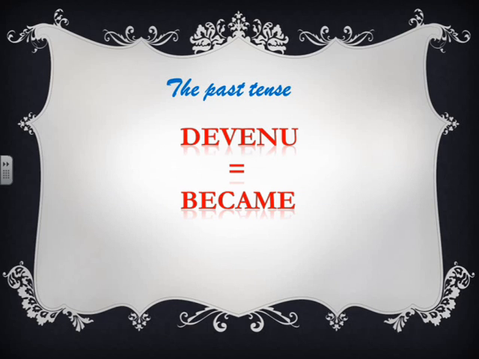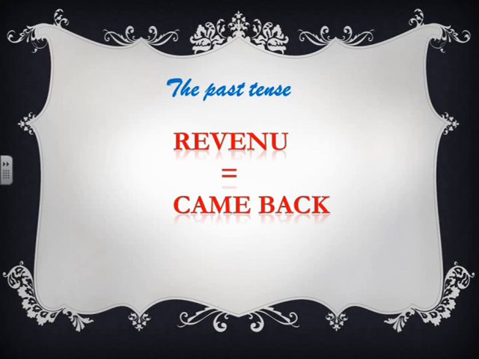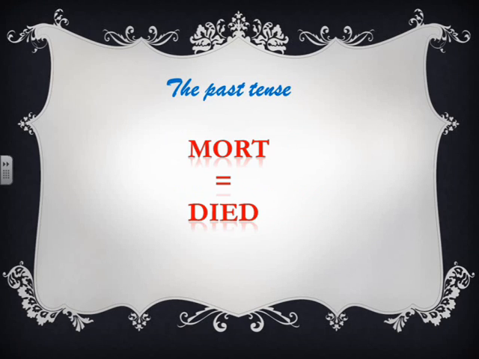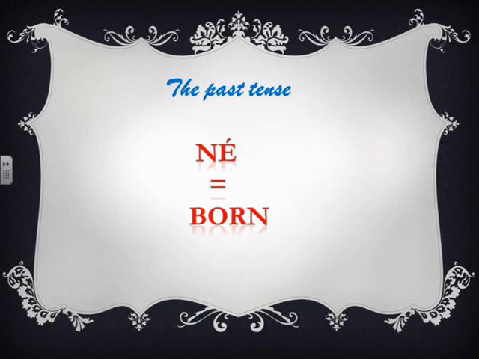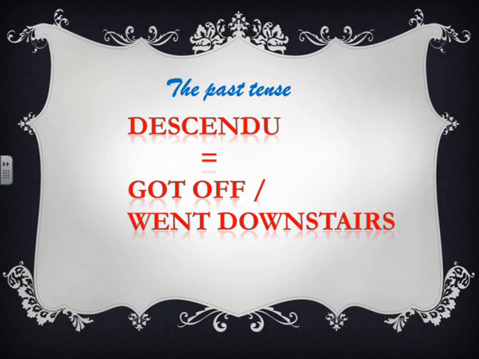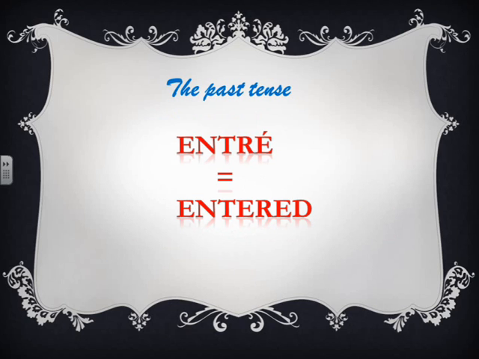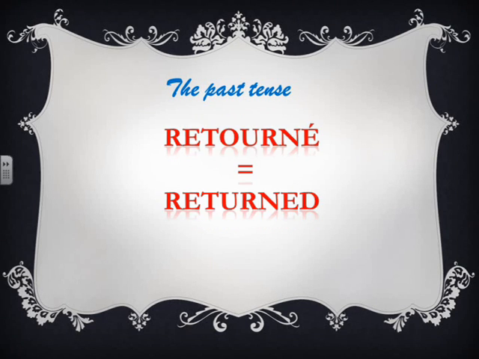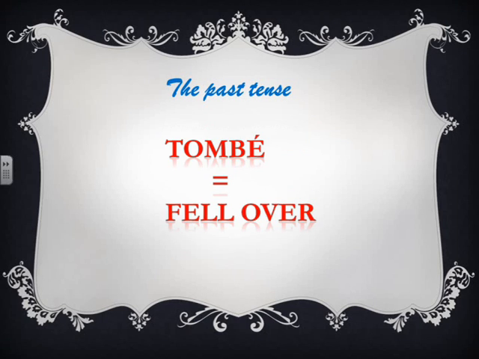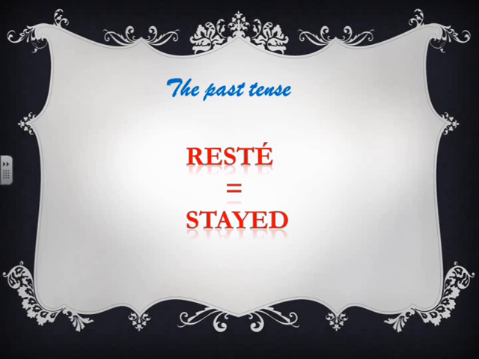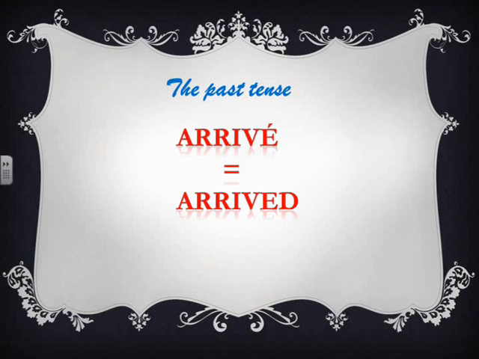Here we go. We've got devenu, I became, revenu, came back, mort, died, rentré, went back, sorti, went out, venu, came over, aller, went, né, born, descendu, got off or went downstairs, entré, entered, retourné, returned, tombé, fell over, resté, stayed, arrivé, arrived.